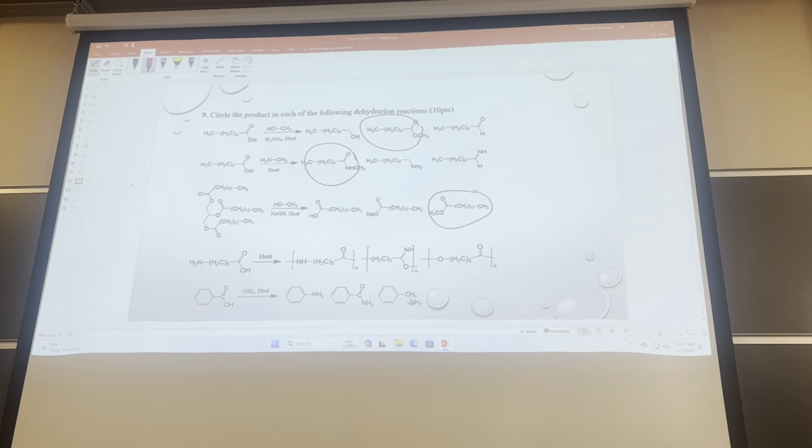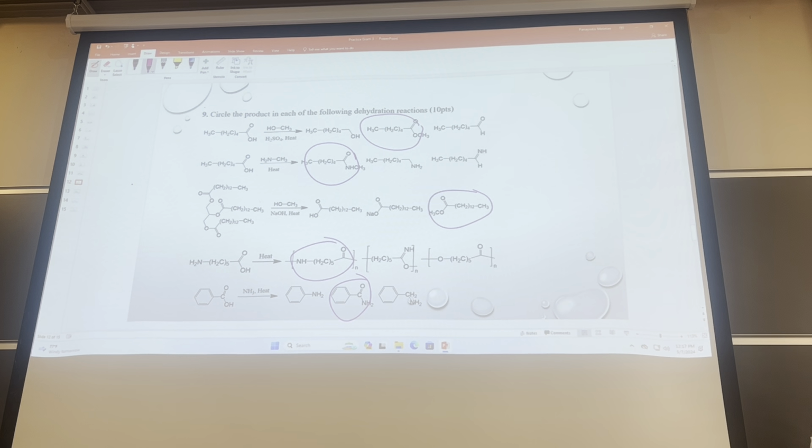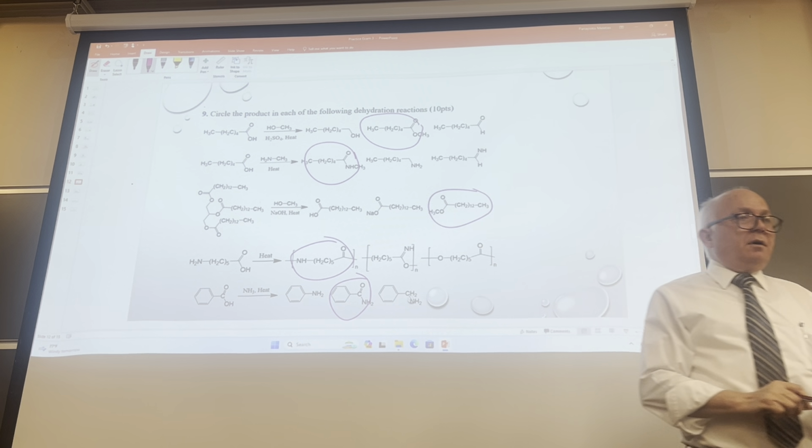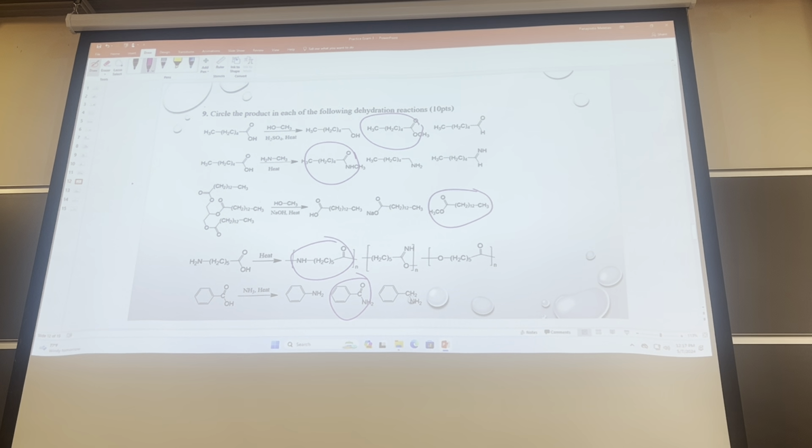The replacement of the triol with the methyl group, basically. The last one we have is a polymerization reaction basically. So it's going to be which one? First one. And the last one is an easy one, the middle. It's the formation of the benzamide, dehydration of the benzamide.